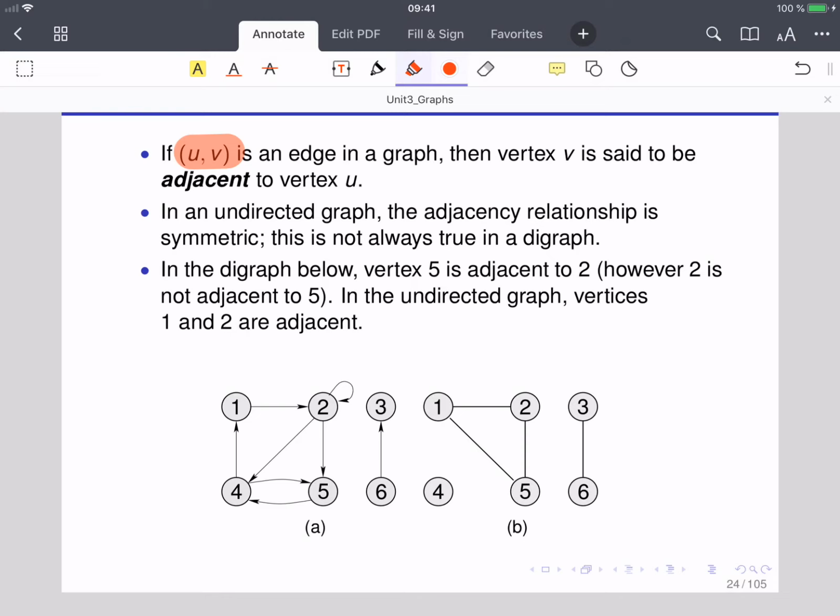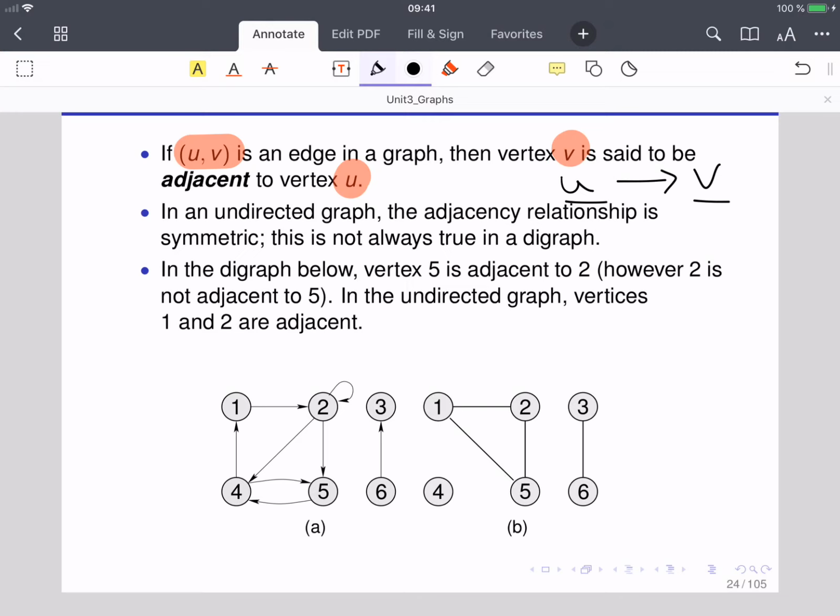If the graph is directed, we say that V is adjacent to U. If we can go from U to V, then we say that V is adjacent to U. So adjacent vertices are those that we can reach from a given vertex.